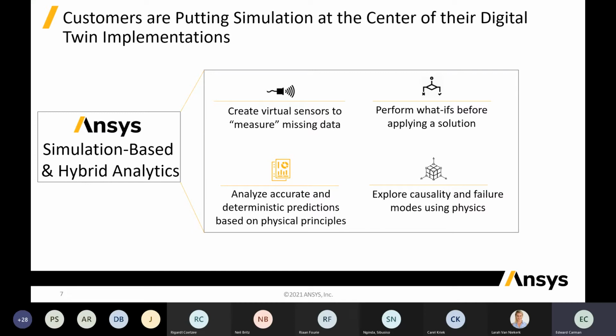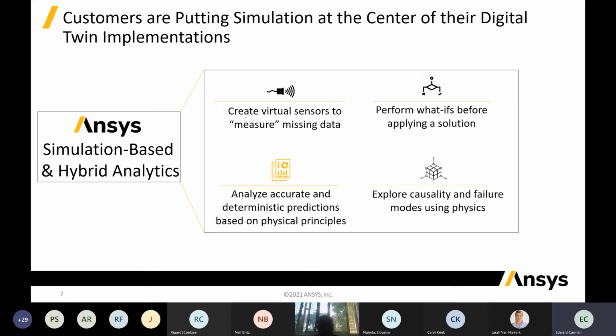But we can use our physics-based simulations, our understanding of the heat transfer and of the reactions inside these vessels. We can then get a good prediction of the temperature based on the things we can measure, such as the power input, the rate of neutrons going into the system and so on, or for something like an electric motor.